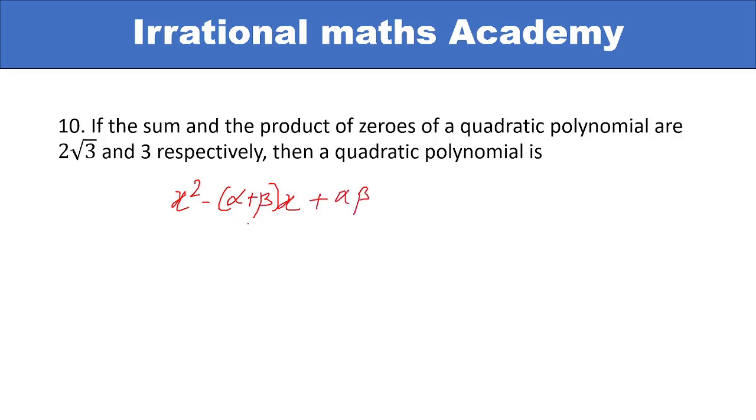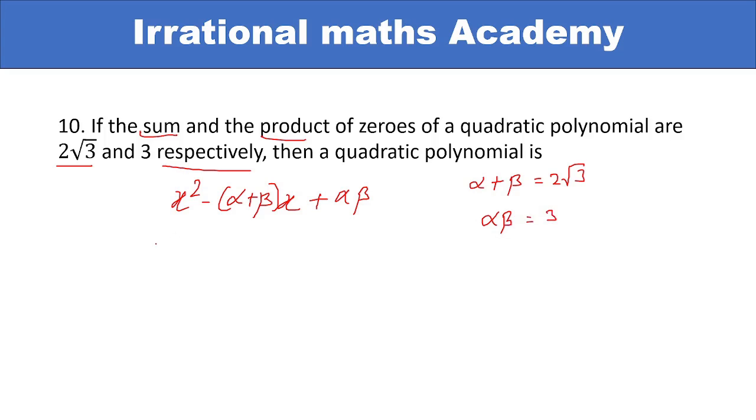If you know the sum of the roots and the product of the roots, just simplify it. They gave the sum of the roots equal to 2 root 3. First you have to take the sum of the roots, because they mentioned it first, respectively. Sum they used, then they used product. So accordingly you have to take it. Don't interchange this.